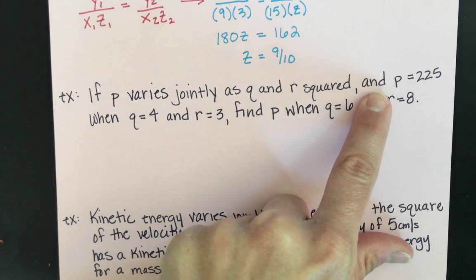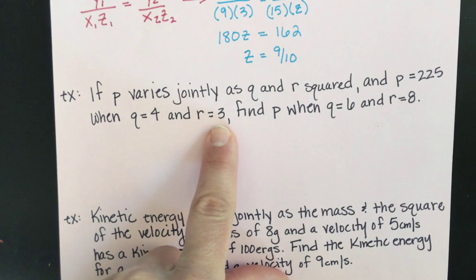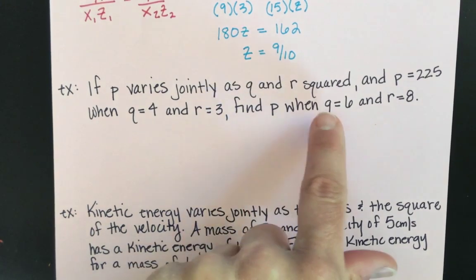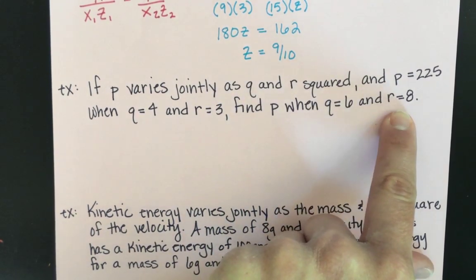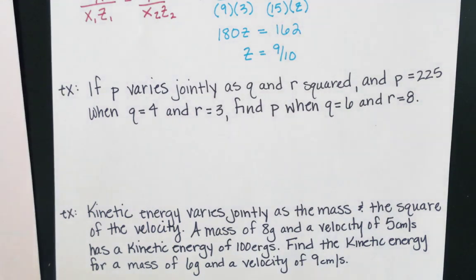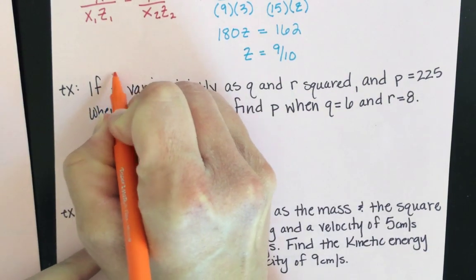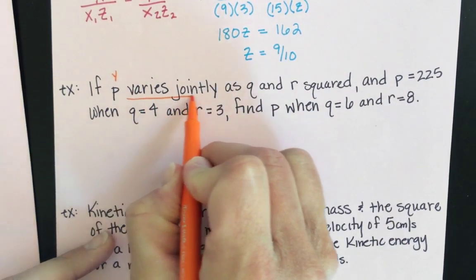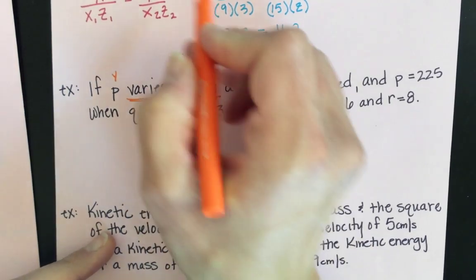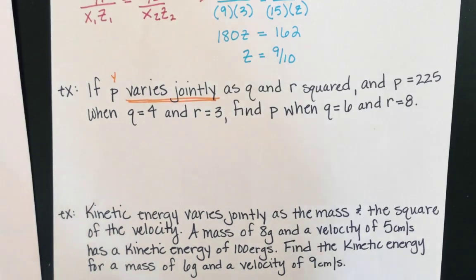And here's our still part of the hypothesis. P is 25, Q is 4, R is 3. And then in our conclusion, we have P, Q, and R. So what we want to do, same steps. We are going to go ahead and label before the varies jointly so that we know what proportion to use.